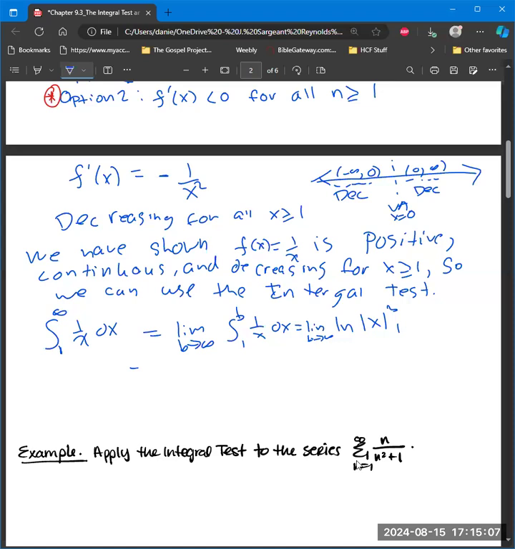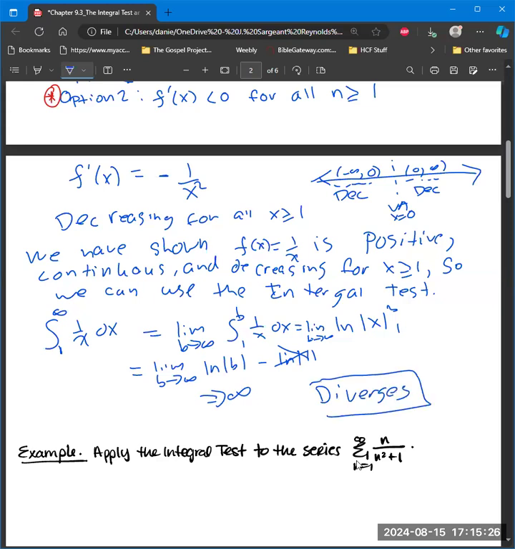That is equal to the limit as b goes to infinity of ln of the absolute value of b minus ln of the absolute value of 1. That's 0. This approaches infinity, so it diverges.